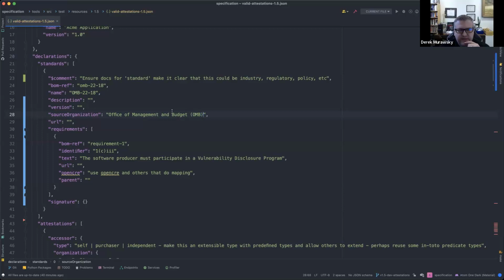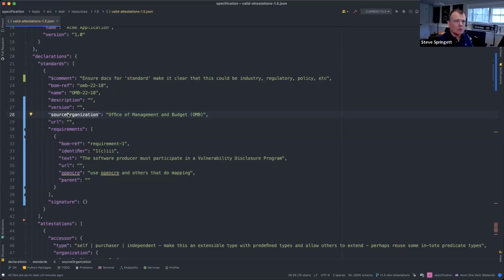Or maybe a better way, let me float this by you guys. An owning organization, or who owns the policy, who owns the standard. You know, standard owner might be a better concept. Who owns the standard? Because it could be your internal group owns it, right? Or your company owns this standard because it's an internal policy.